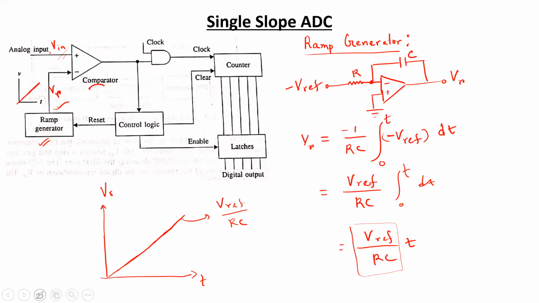Now, the input analog voltage is supposed to be held constant for a particular time. So suppose this black line is representing that input analog voltage. So what will happen to the comparator output up to this limit? Will it be high or will it be low for this duration?